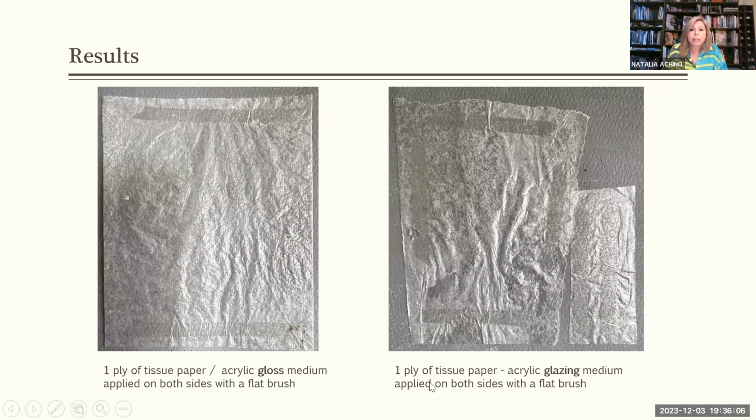Here you have one ply of tissue paper, but instead of gloss medium, I used glazing medium. Glazing medium is thinner, more liquidy than the gloss medium. And this one has been applied on both sides with a flat brush.